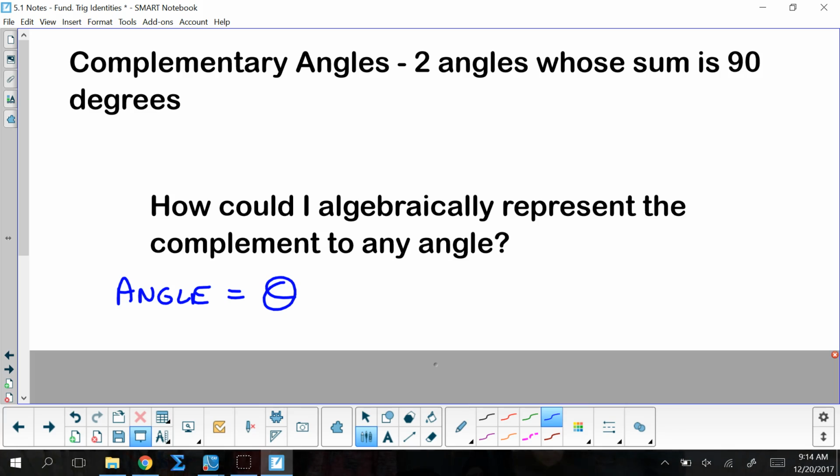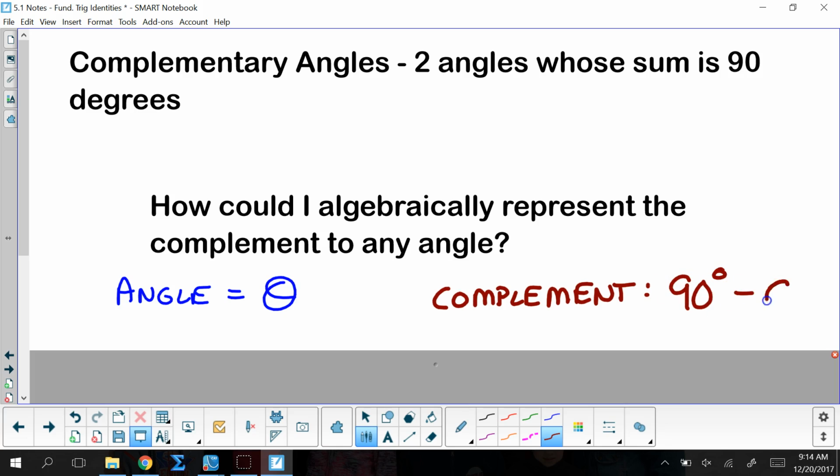The complement then would be 90 minus theta. Agree with that? Because then they both add up to be 90 degrees.